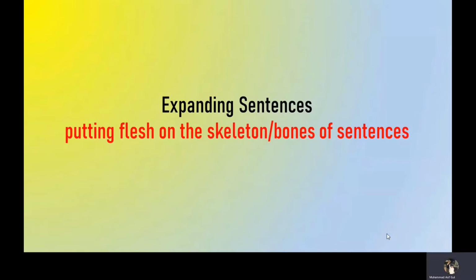Today we will be learning how we can expand sentences. In the previous lecture, we learned about the three most basic sentence structures.